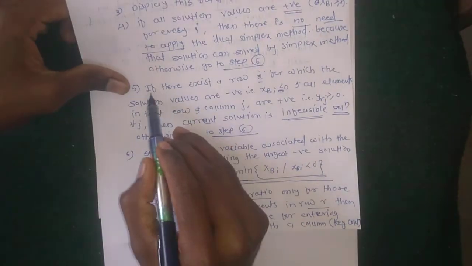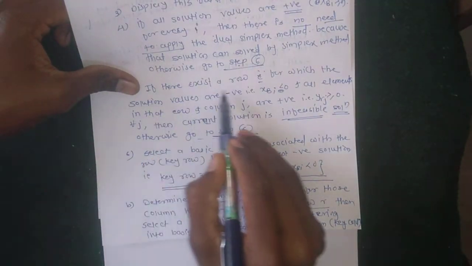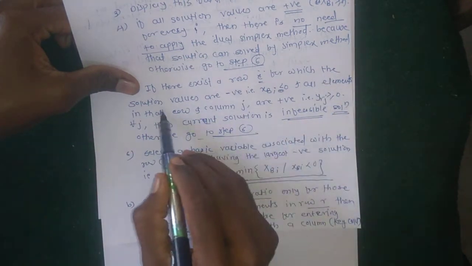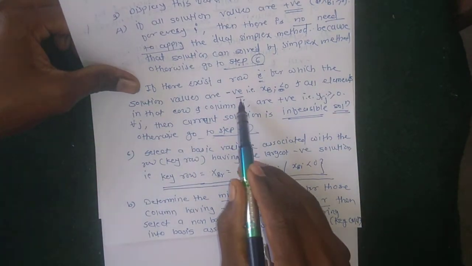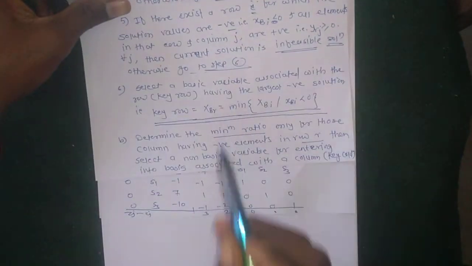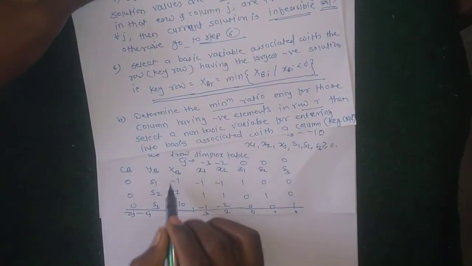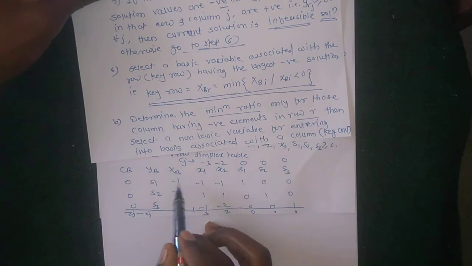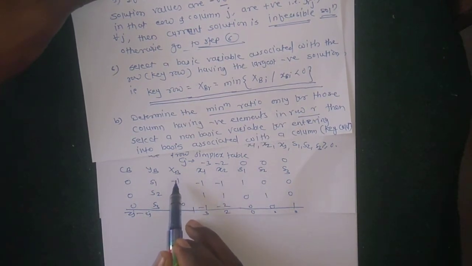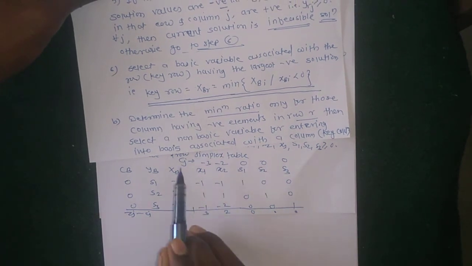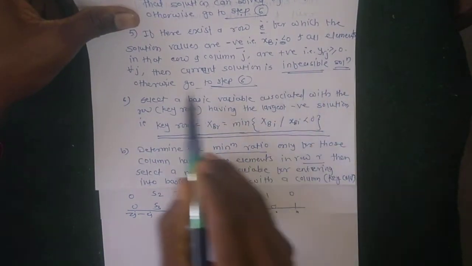So step 5 is: if there exists a row r for which the solution value is negative and no other, that is, only one value in the XB column is negative, then the given problem has an infeasible solution.